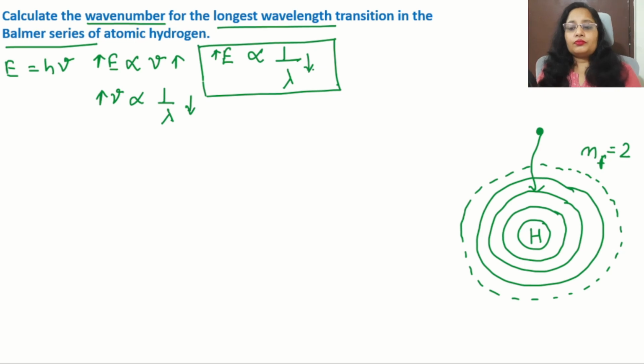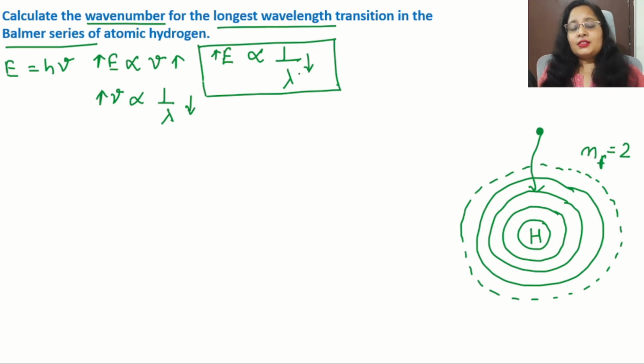When will the energy be the highest? When the excited electron is in infinity and drops to n equal to 2, then the energy difference will be the largest because the distance the electron travels is the largest.